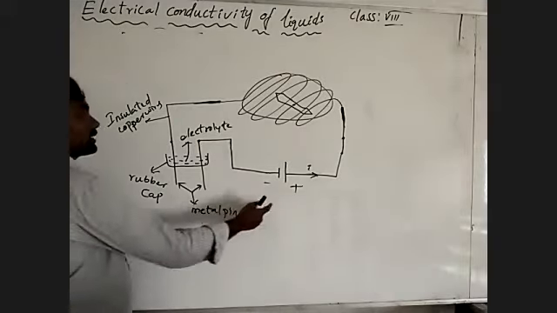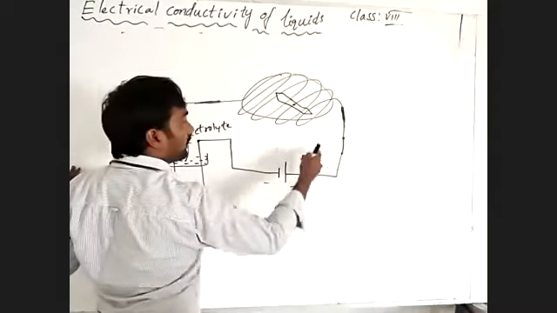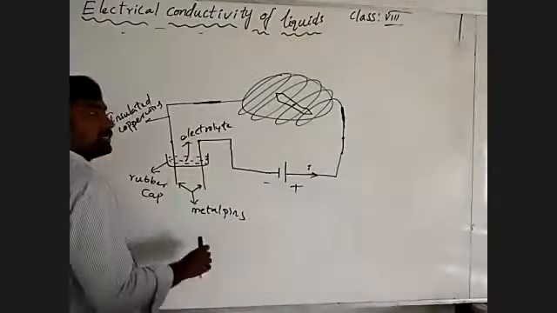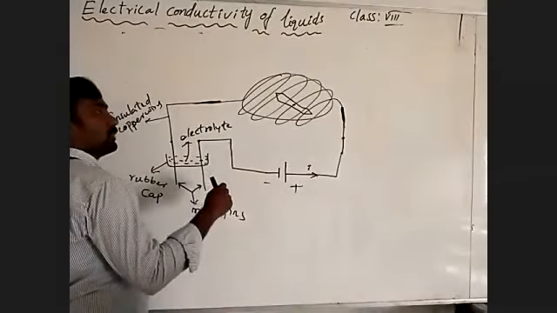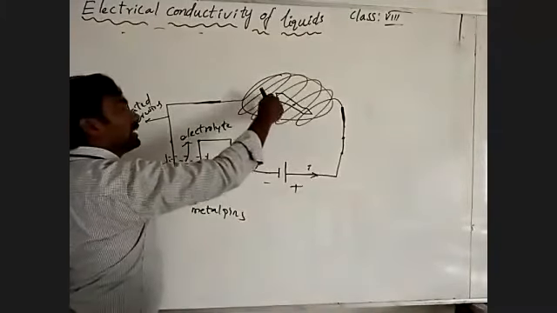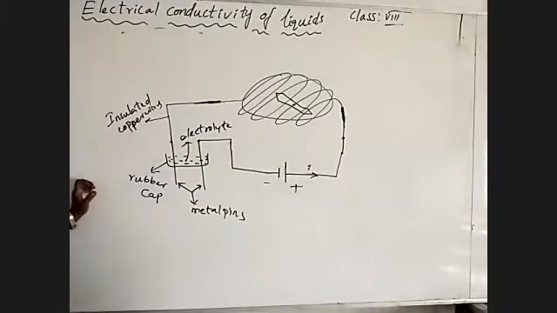By closing the circuit with the help of the key, electric current will pass through. In the experiment you learned before to test the conductivity of a liquid, we placed an LED instead of a magnetic compass.